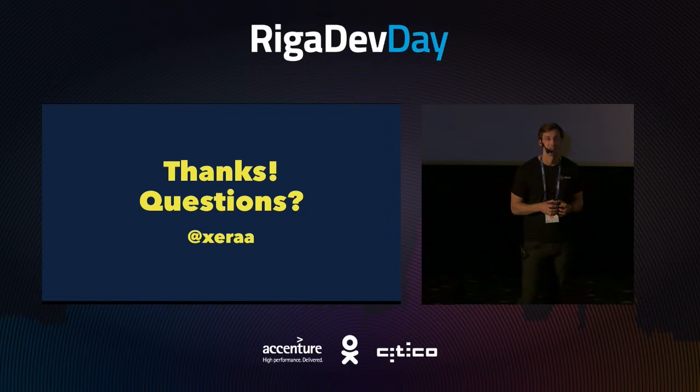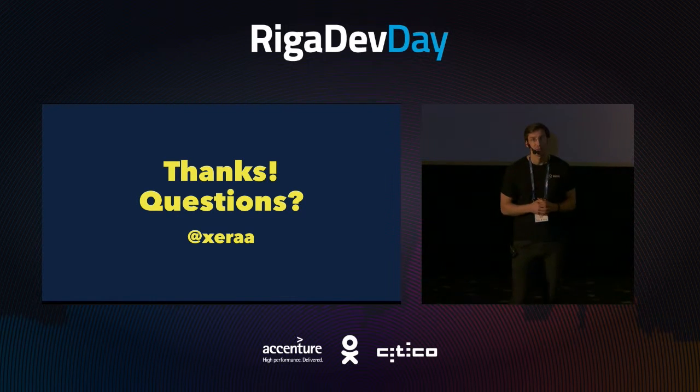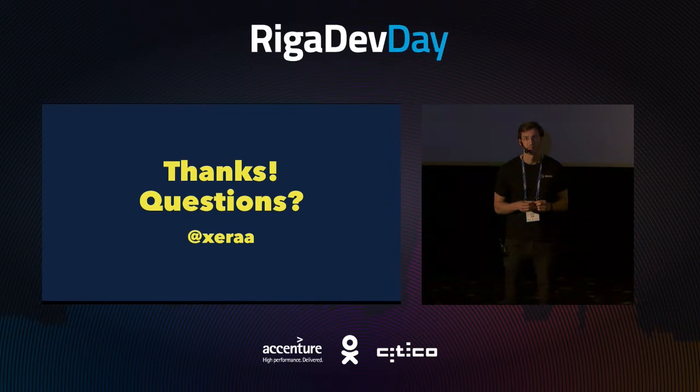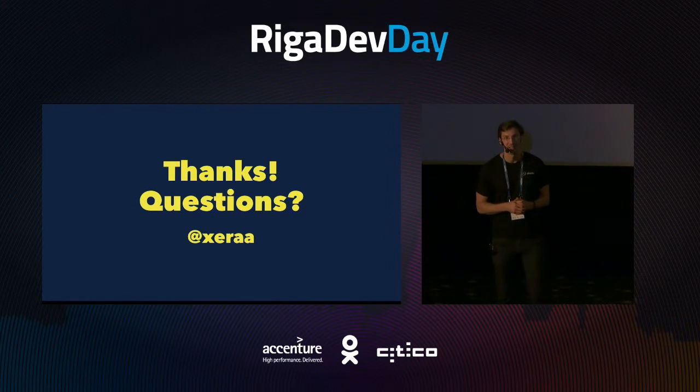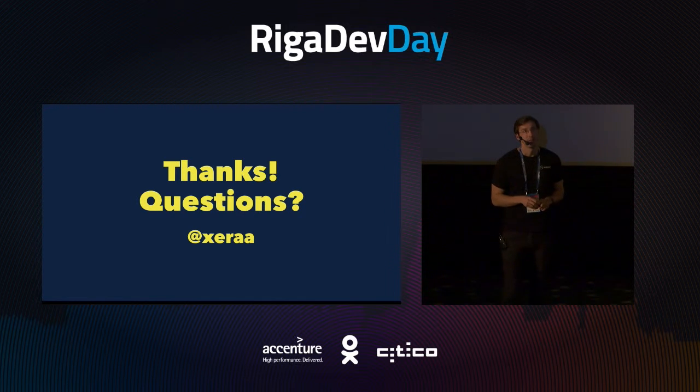It's called Flapdoodle Embedded Mongo. It runs a separate process. It actually downloads a binary of real MongoDB and runs it in a separate process, so Java can connect to it. And if you download the demo application, it uses Flapdoodle as well. Yeah, we found it better because we used the aggregation pipeline, which wasn't supported in Fongo.